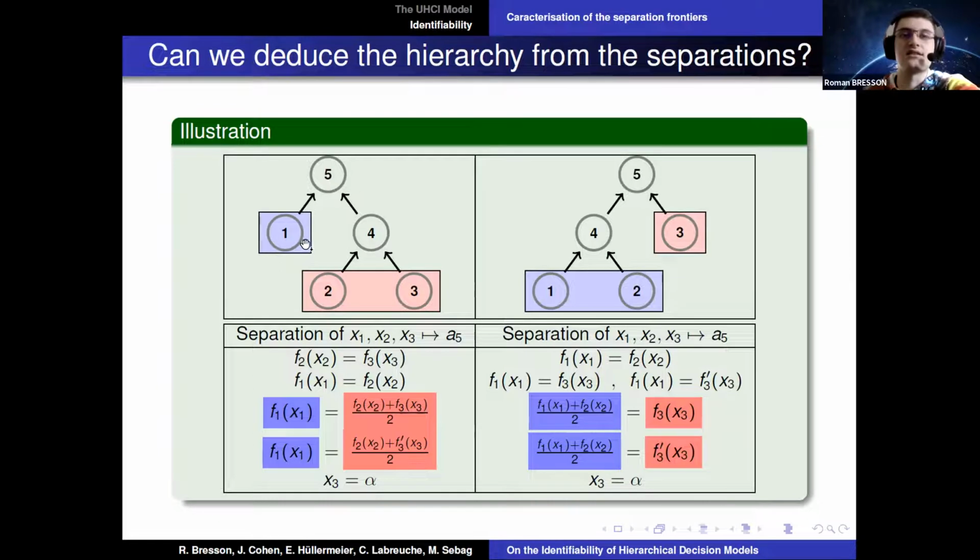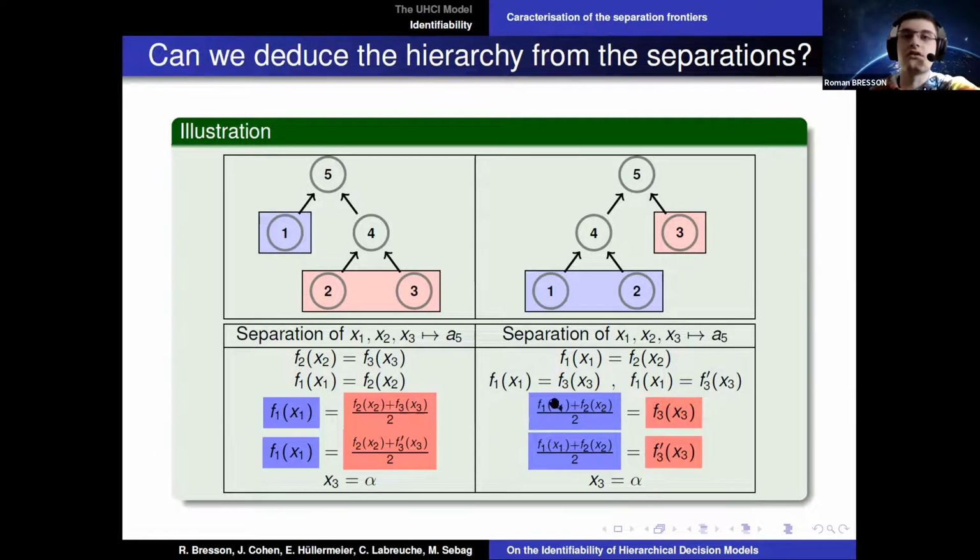In this case, it's not an aggregator, and you can see this because the hyperplanes can be rewritten as a function of x1 with a positive weight, here 1, and a function of x2 and x3 with a positive weight of half. Then you know that you have a subset with x1 on one side and a subset of attributes 2 and 3 on the other side. This is basically how you can reconstruct the model.